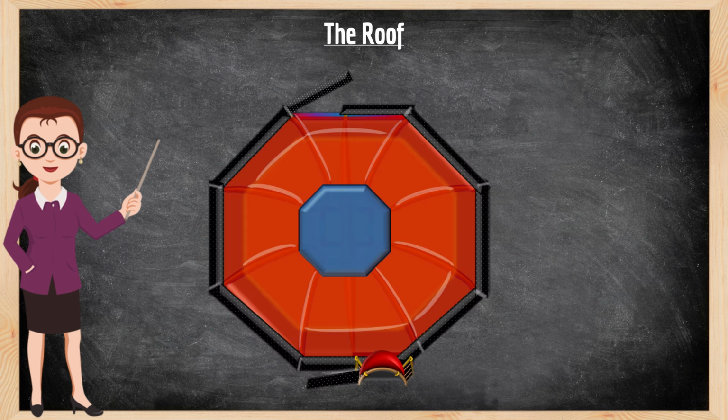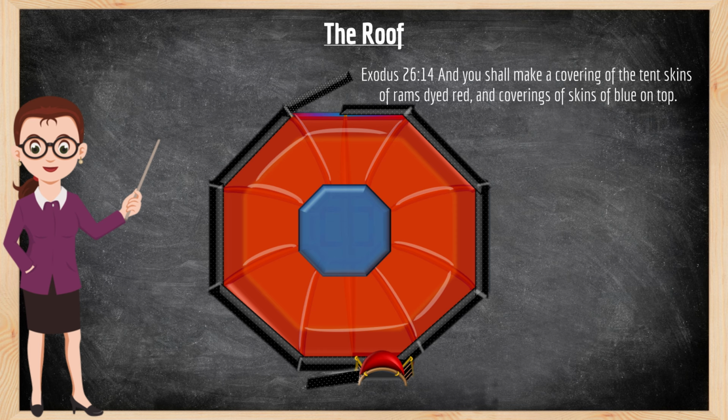Now that we have all the parts of the structure, the main bar, the wall bars, the ribs, the roof crown, the thigh, the door frames, and the wall curtains, Scripture tells us that an unspecified size of red dyed leather covers the top of the tabernacle, then a blue piece of leather.